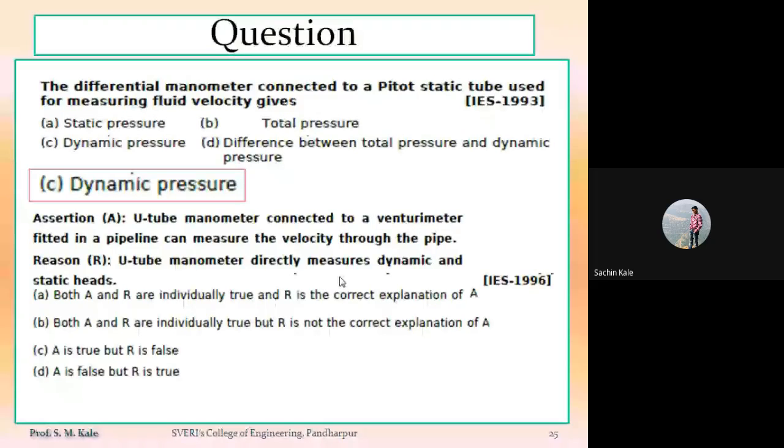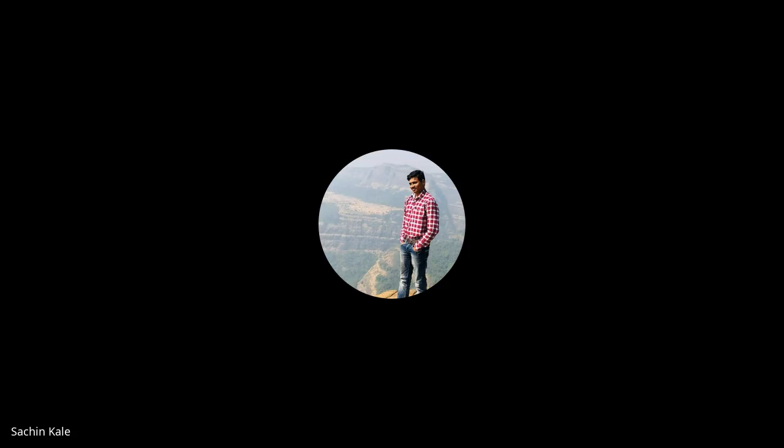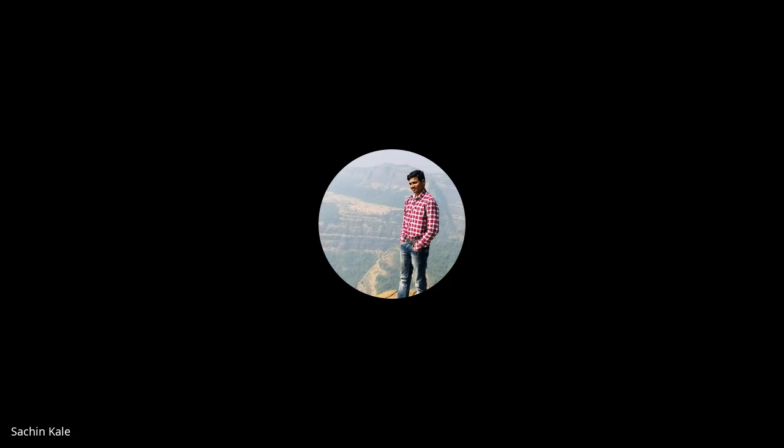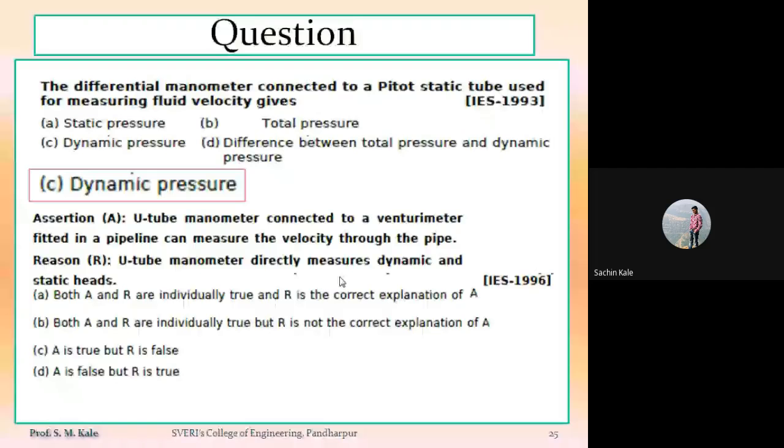Statement R is the reason: a U-tube manometer directly measures dynamic pressure and static head. The options are: A, both A and R are individually true and R is the correct explanation of A. B, both A and R are individually true but R is not the correct explanation of A. C, A is true but R is false. D, A is false but R is true. Give the answer.